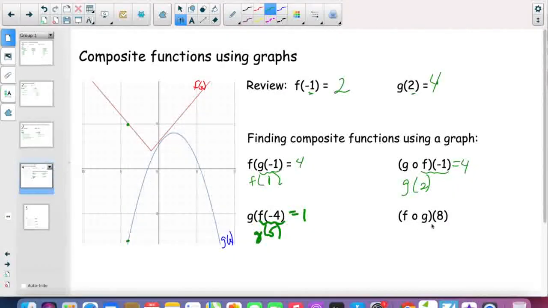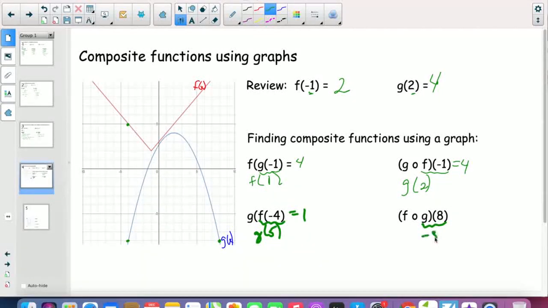For the last one here, they want f of g of 8, so we're going to find g of 8 first. I'm going to go to the x value of 8, which is right here, and I'm going to travel down to the g function. That y value on the g function is at negative 8.